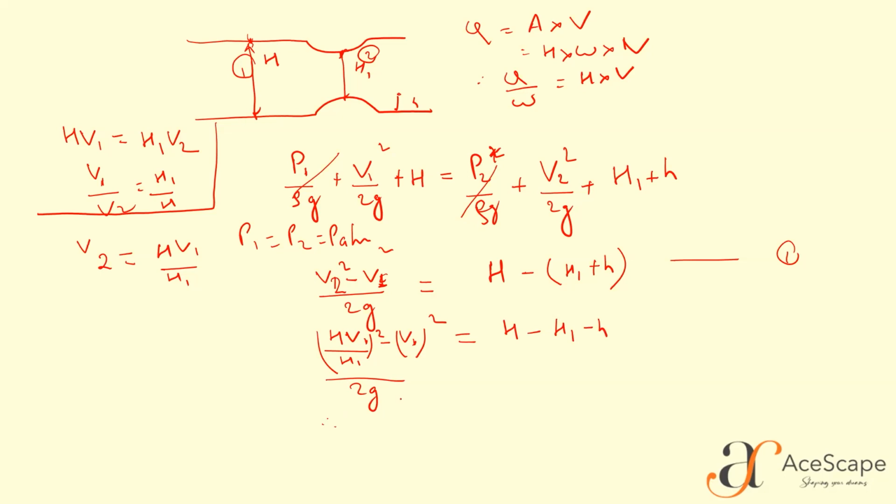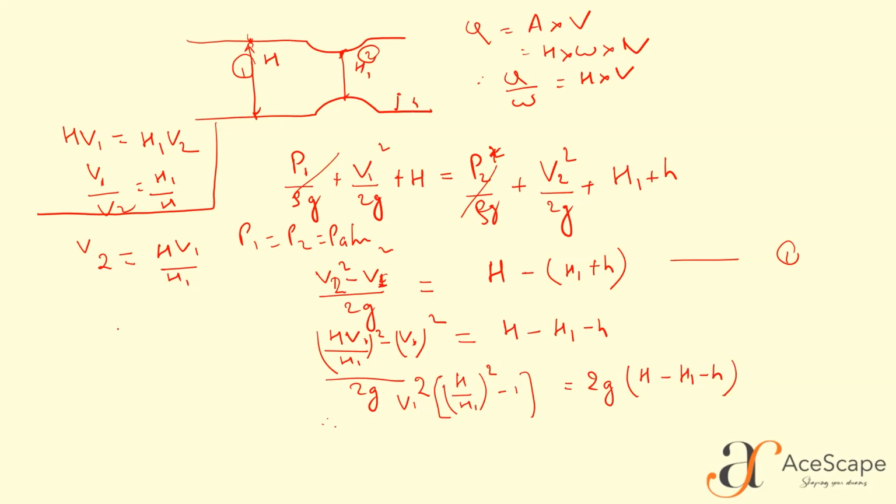Therefore, if we take V1 square common, this is h upon h1 whole square minus 1, that is equal to, crossing this over, 2g into h minus h1 minus h.